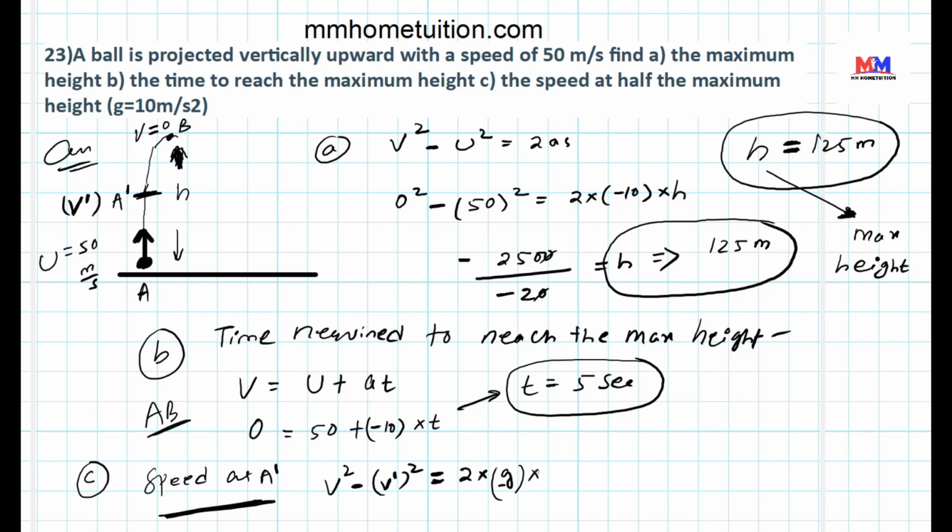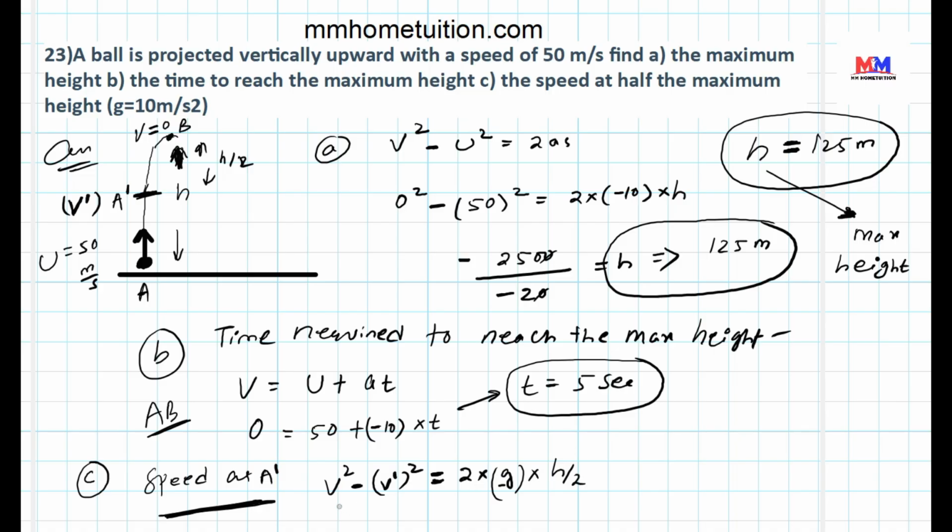So this height is h by 2. That is, v square minus u square is 2gh.